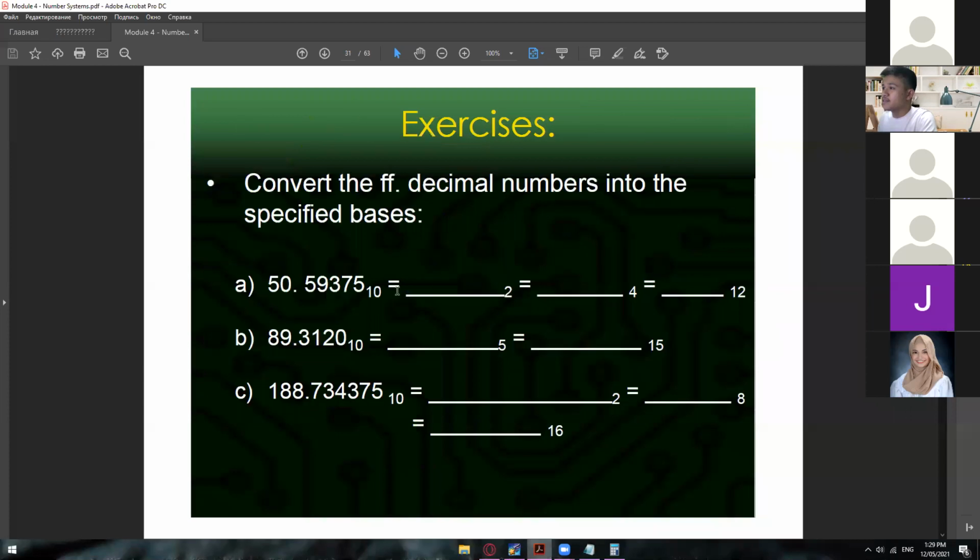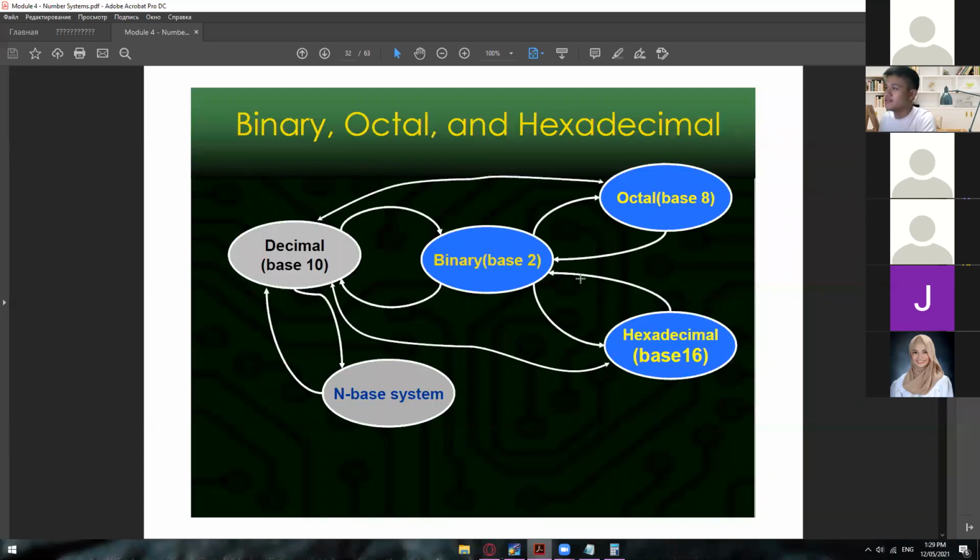Okay, so again, we just have another exercise here wherein supposedly you will answer this one if we are in a face-to-face method. And then here's the summary on the conversion that you can do from binary to octal, octal to binary, hexadecimal to octal, hexadecimal to binary, etc. In here, as you can see, you can convert decimal to any base.